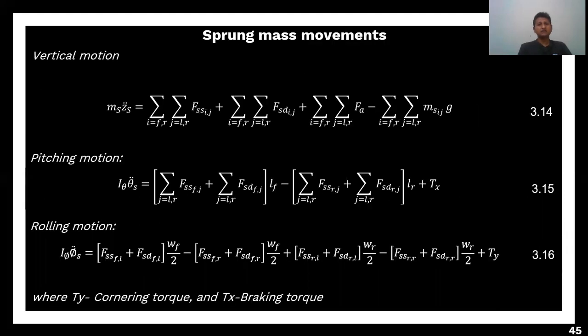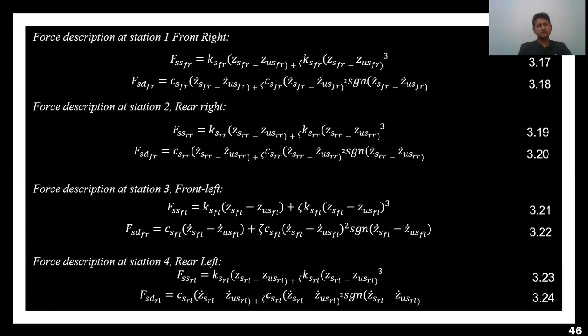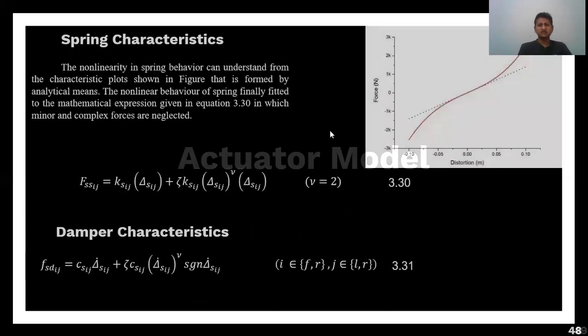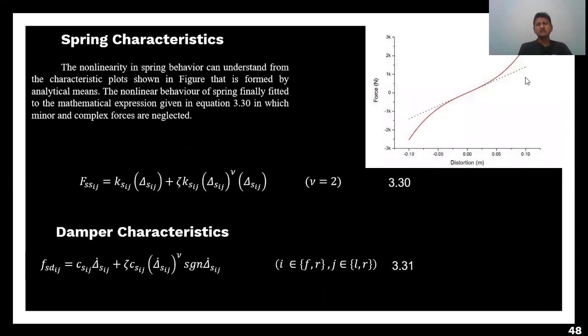We have studied this non-linear behavior using some empirical formulas and experimental characteristic fittings or curve fittings, and these are the non-linear equations. You can see the difference between linear and non-linear behavior of a spring and damper.